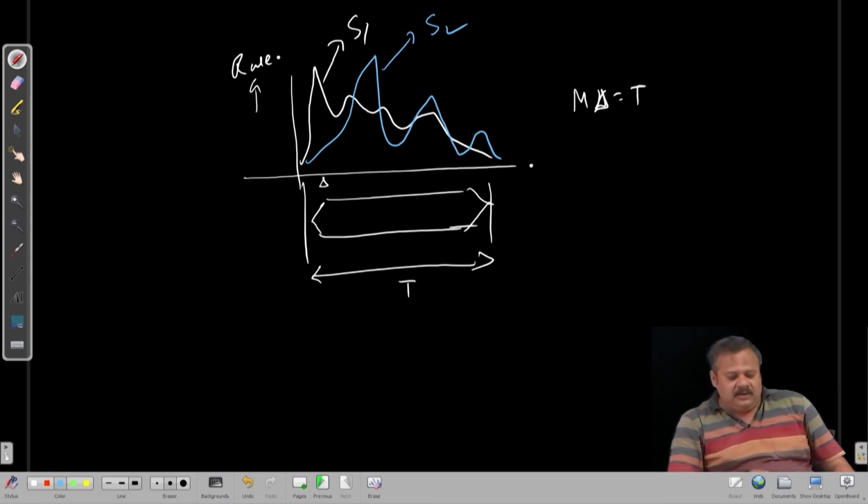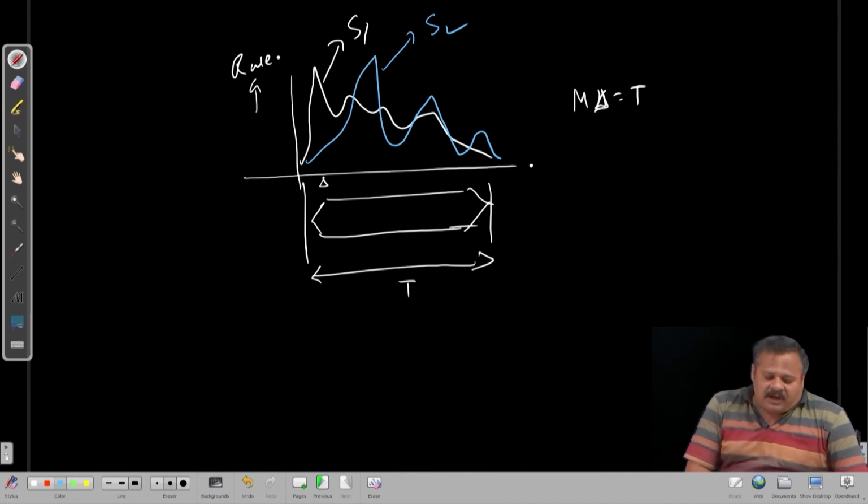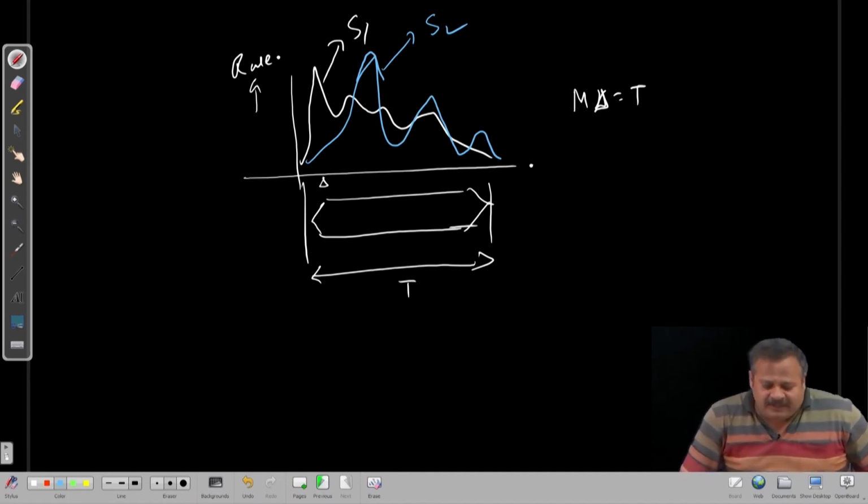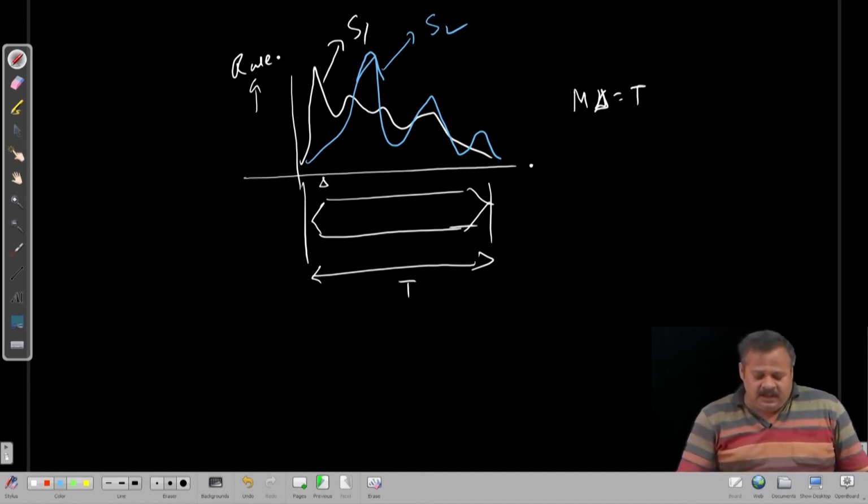So, we cannot really use the PSTH anymore for larger sizes of delta. We have to go back to the actual spike times and then consider.